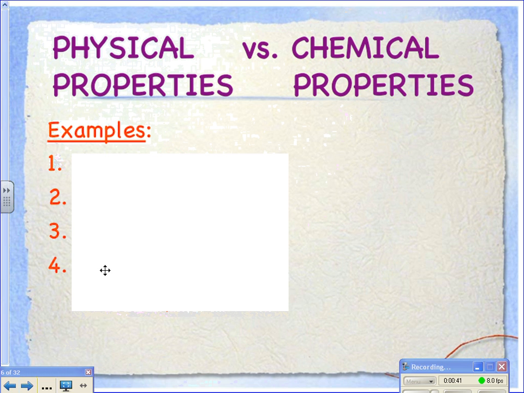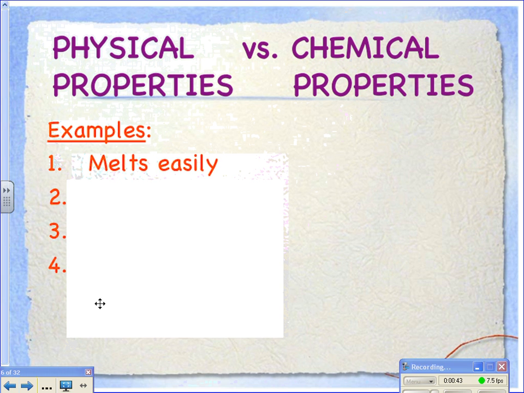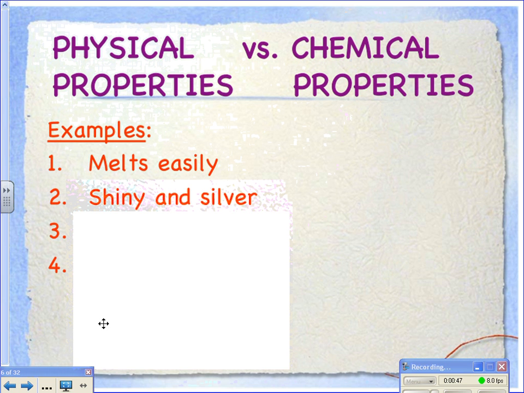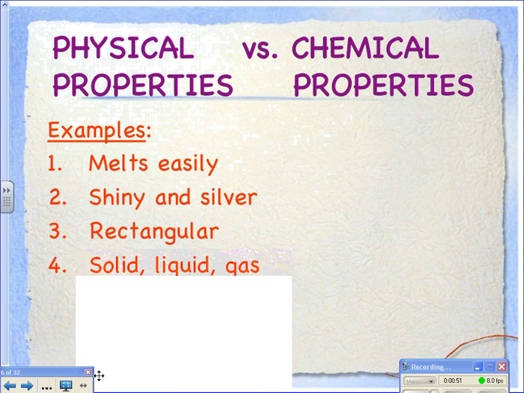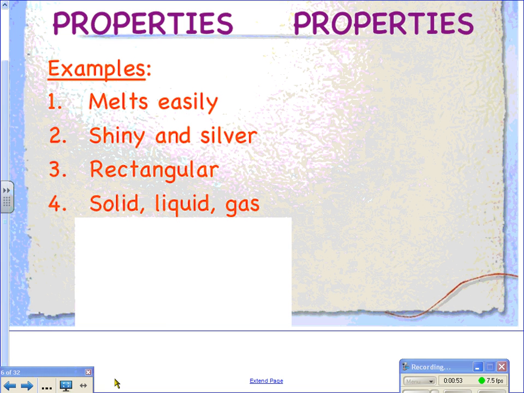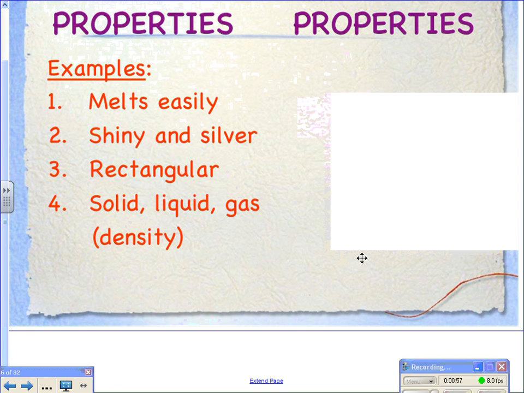Here are some examples. Melts easily, shiny and silver, it's rectangular in shape, it's a solid, liquid, or a gas, it has density, and then another one that we can add is boiling point.